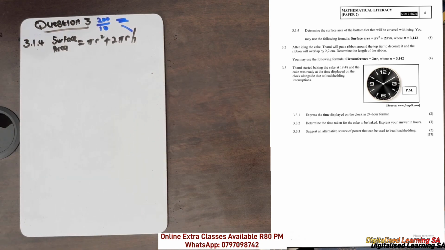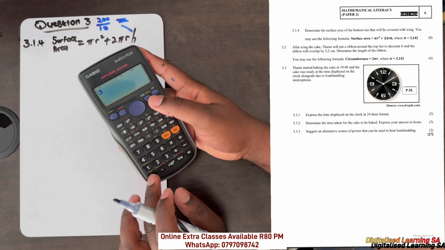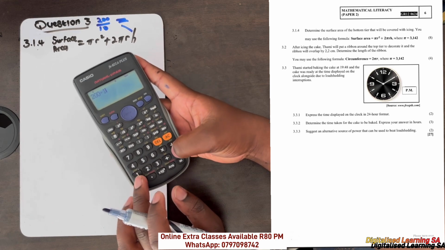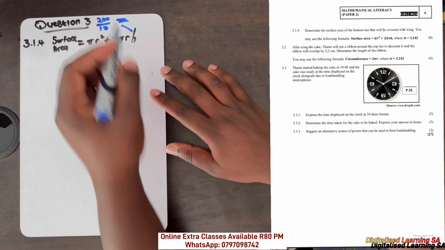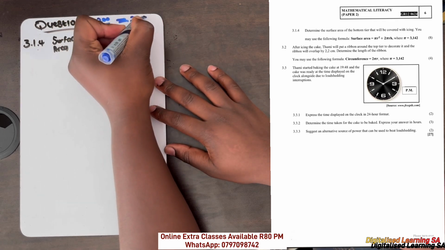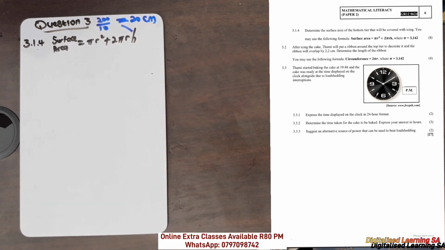200 divided by 10 is 20, meaning that our height will now be 20 centimeters. I hope that makes a lot of sense. Now we have our complete formula, and let's go ahead and calculate our surface area.